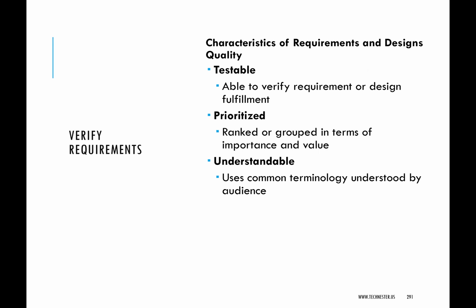A good model will also be testable. We'll be able to know when the design has been fulfilled, when the design makes sense, and when you have actually completely modeled the design. When you are developing systems, you'll be modeling different parts of the system. You saw an example in your assignment where you modeled a use case, right?